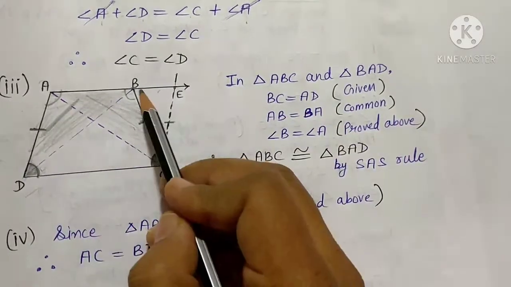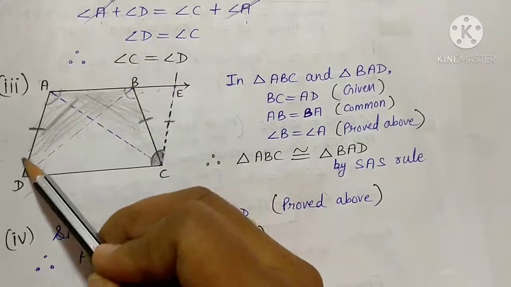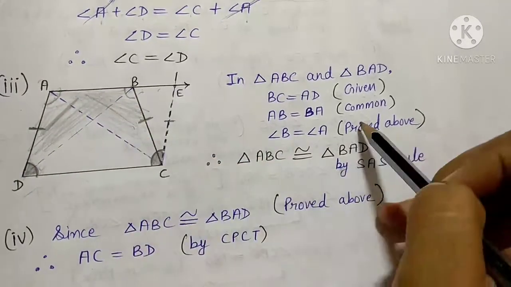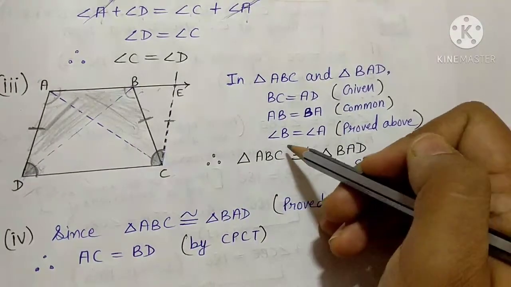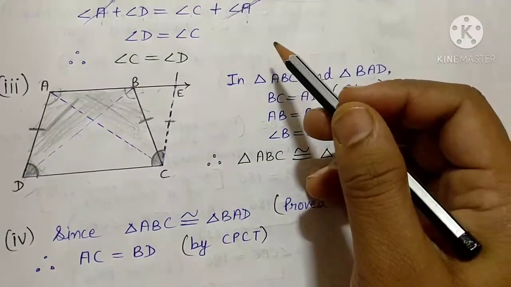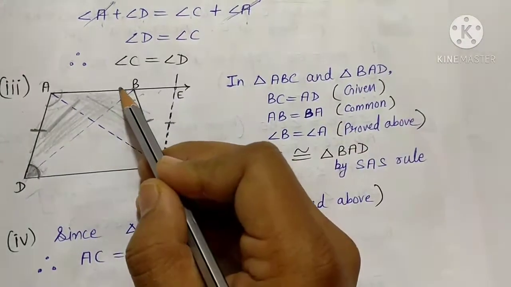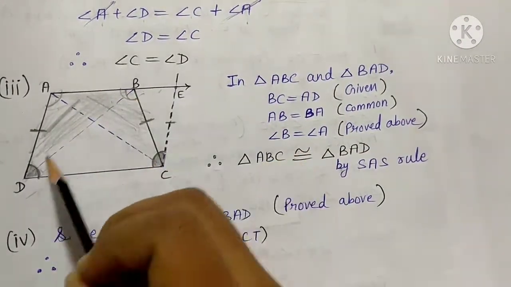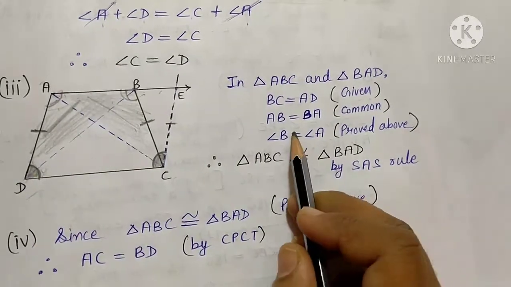Then AB is in triangle ABC and AB is also in triangle BAD, so it is a common side. And then we have proved that angle A equals angle B, or angle B equals angle A, just as we proved above. Angle B is in triangle ABC and angle A is in triangle BAD. So these two angles are equal.